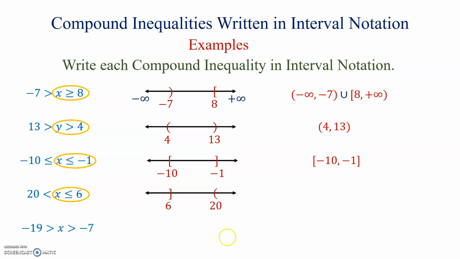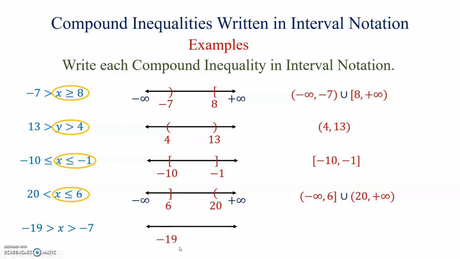So we add in our infinities, the negative and the positive infinity. So we have the information we'll use to create our two interval notations. First one, -infinity to 6 with a closed bracket, and open parentheses 20 to the positive infinity, connecting with the union symbol.